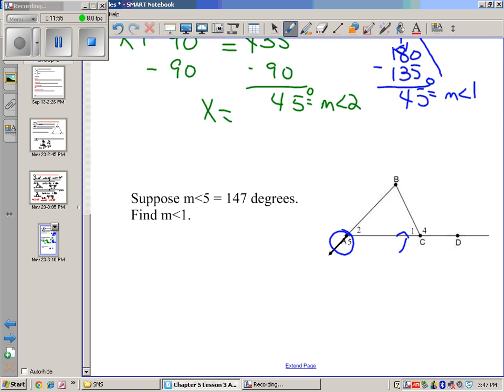First of all, let's try to find the measurement of angle 2 first. One thing we're missing. So, this right there is a 90-degree angle. That makes things a little bit simpler for us.